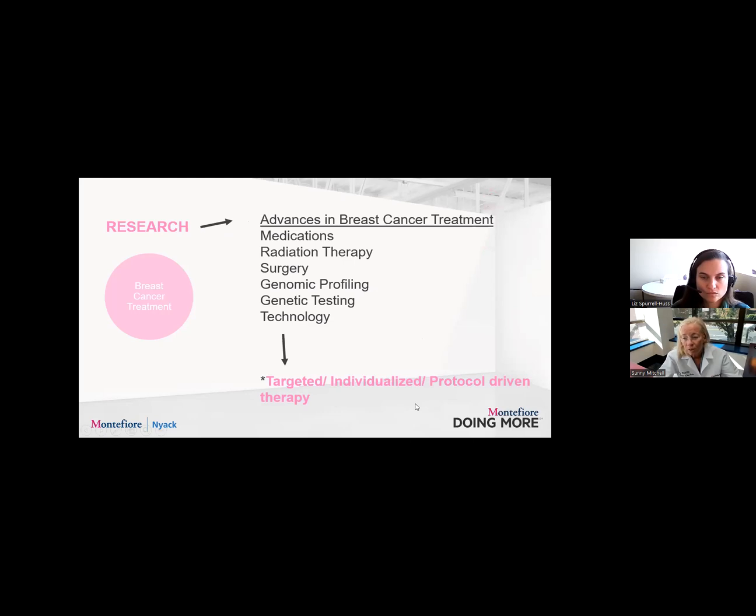So one of the important components of breast cancer treatment is research. And the reason why breast cancer in general is so treatable these days is thanks to research.